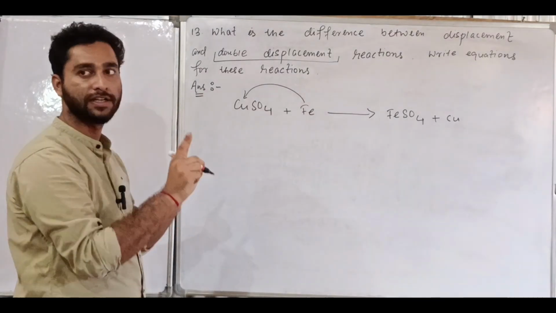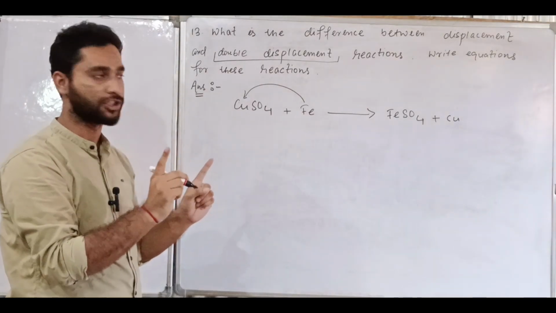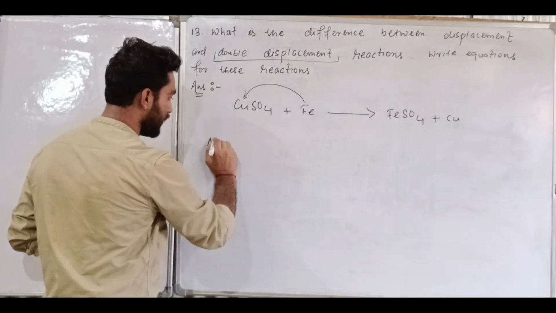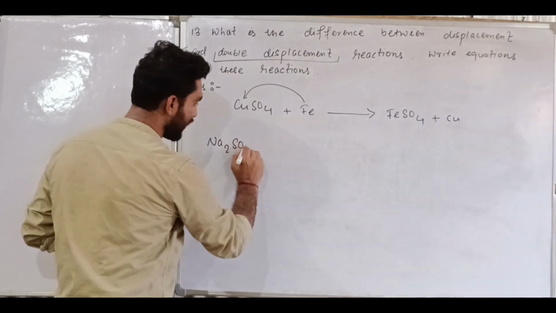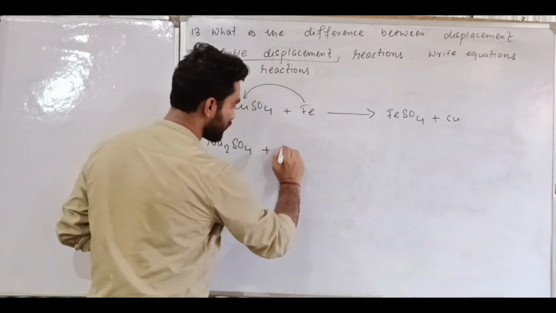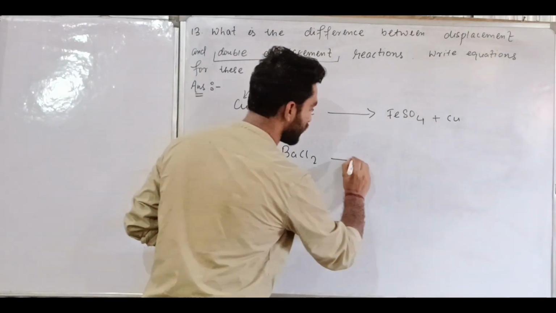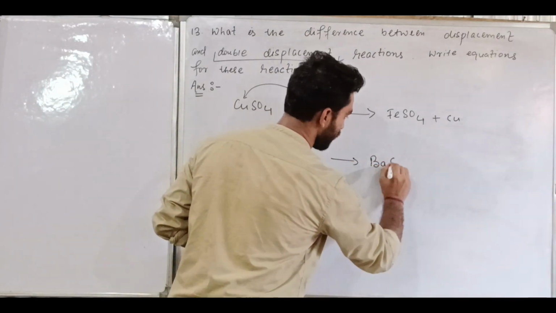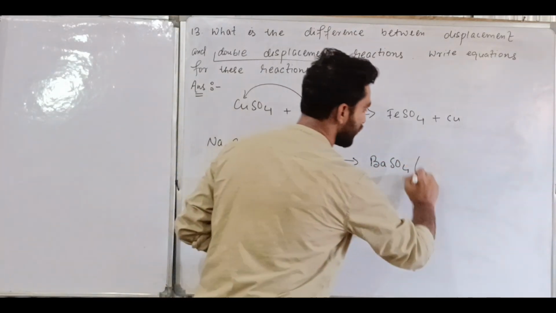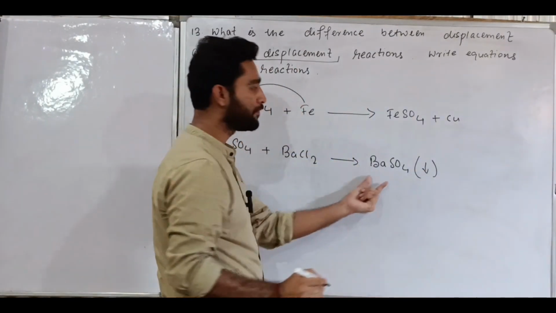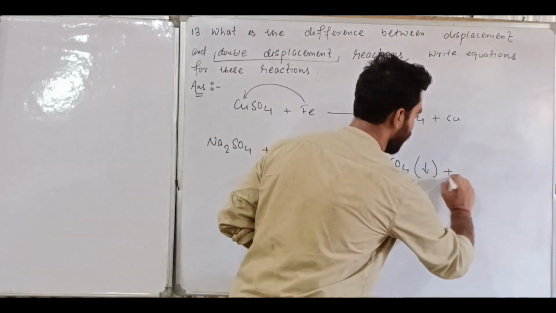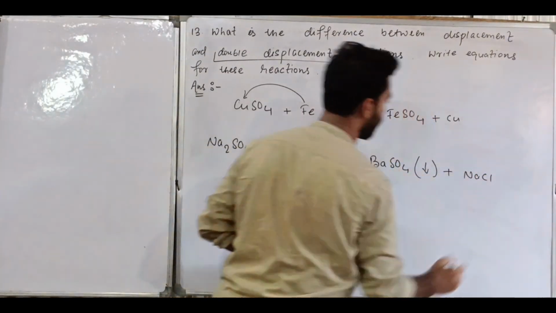Whereas in case of double displacement reaction, as the name suggests, the displacement will take place from two positions. For example, sodium sulfate reacts with barium chloride. They form barium sulfate. Barium sulfate we will get in the form of PPT, precipitate. Along with this, they will form sodium chloride.